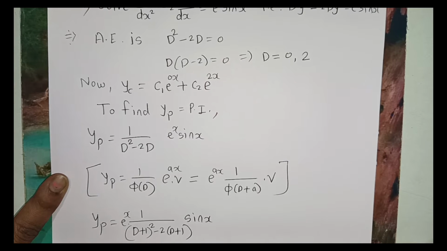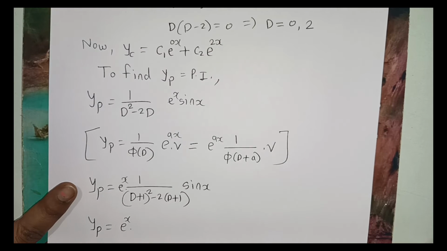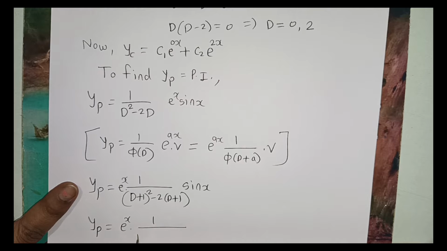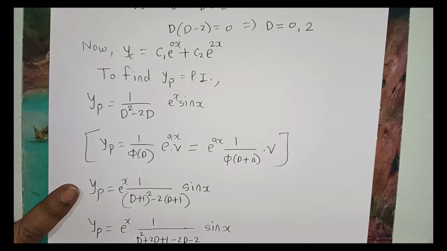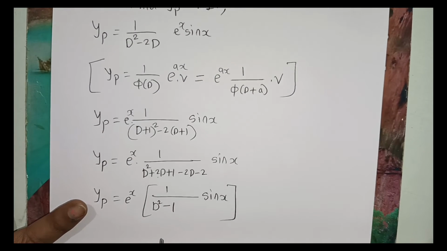So yp equals e^x into 1 upon D² + 2D + 1 minus 2D minus 2, operating on sin x. That is e^x into 1 upon D² + 2D minus 2D + 1 minus 2, so finally it is D² minus 1 operating on sin x.